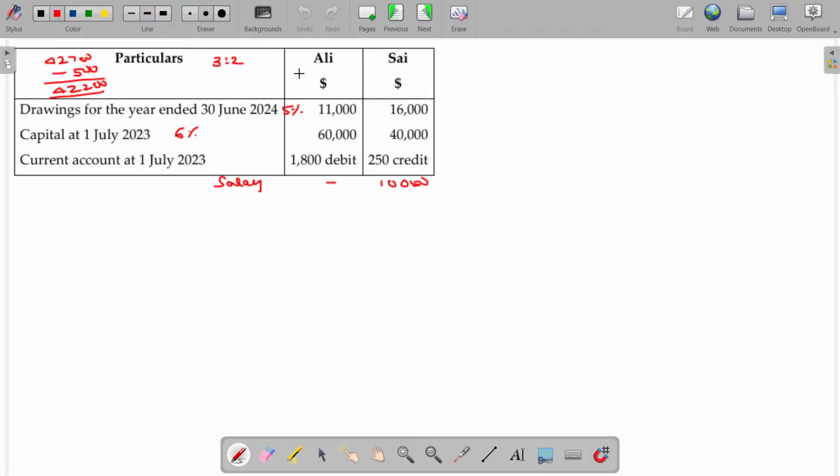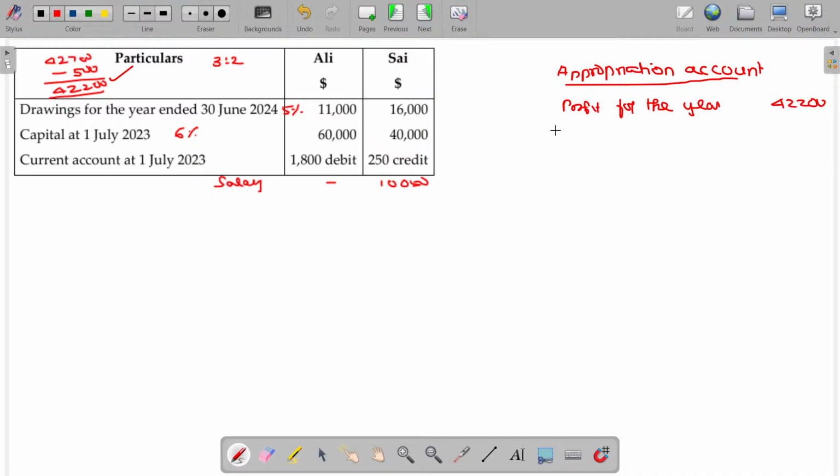Now let's start. Income statement, appropriation account. In the appropriation account we'll start with this one. Profit for the year, 42,200.